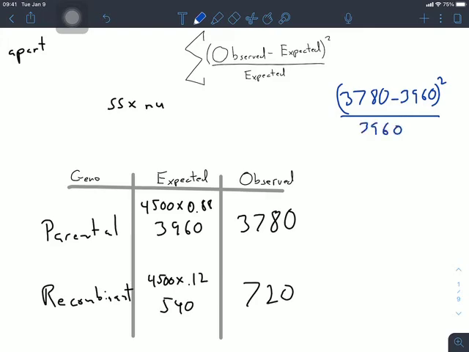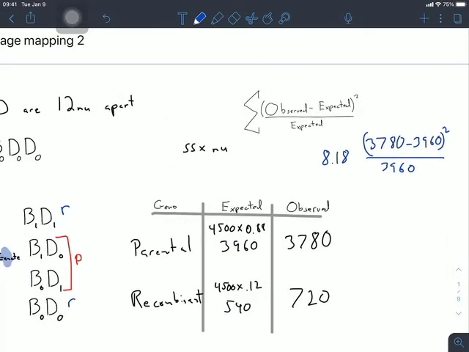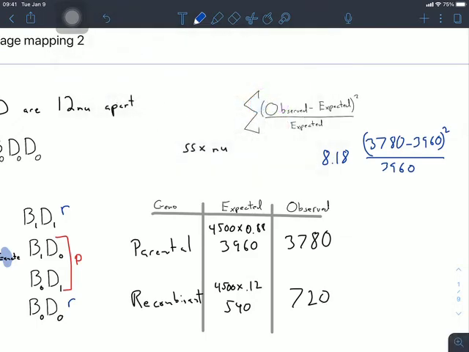And then go ahead and plug that into your calculator. This will get your chi-squared statistic simply for your parental. Well, for your parental, you should see that the chi-squared value is 8.18 or 8.2.